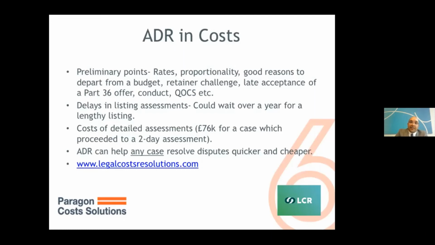In effect, it's those big points that prevent cases from settling. I think that without these points, many cases can settle, because there is, of course, the age-old rule of thumb that a party can expect maybe 60 to 80% of their costs on a standard basis, and maybe 80 to 95% of their costs on an indemnity basis. Don't quote me on that, that's just the general rule of thumb.